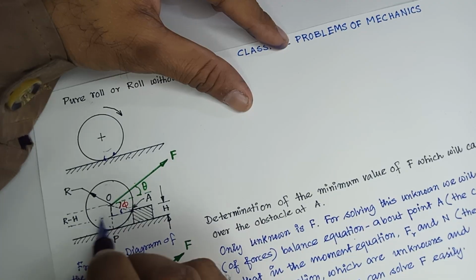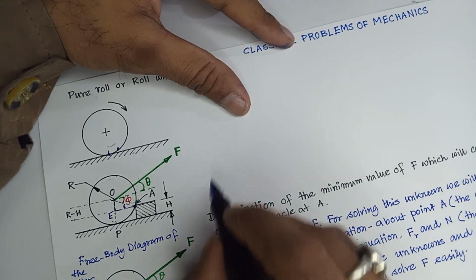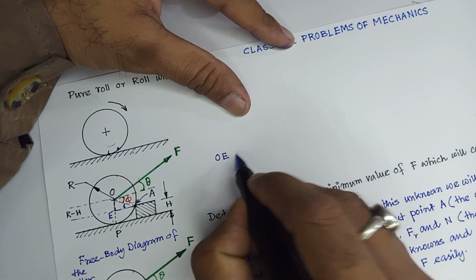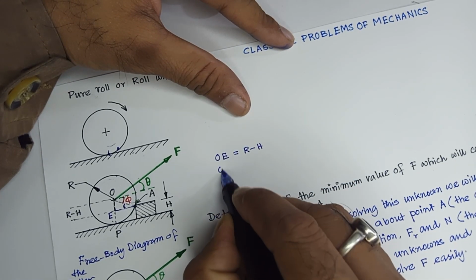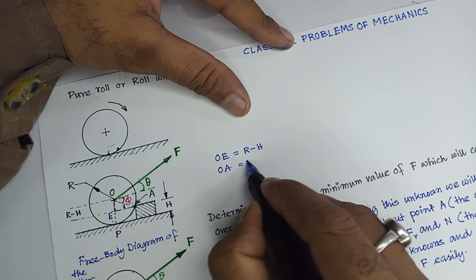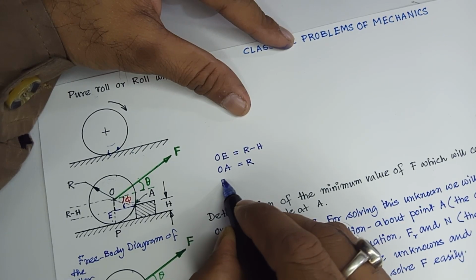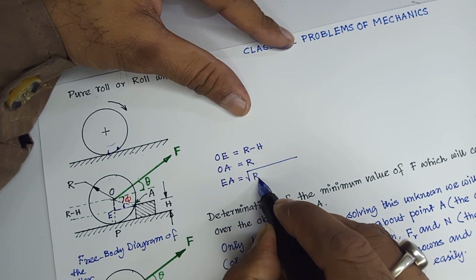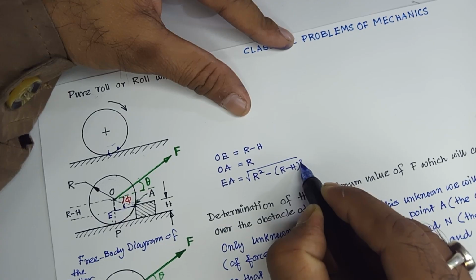If I give names, O, and say this is E, then OE is equal to R minus H. OA is equal to R, therefore EA is equal to the square root of R square minus (R minus H) square.